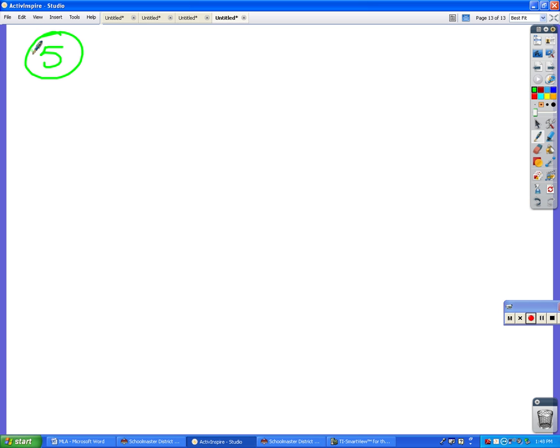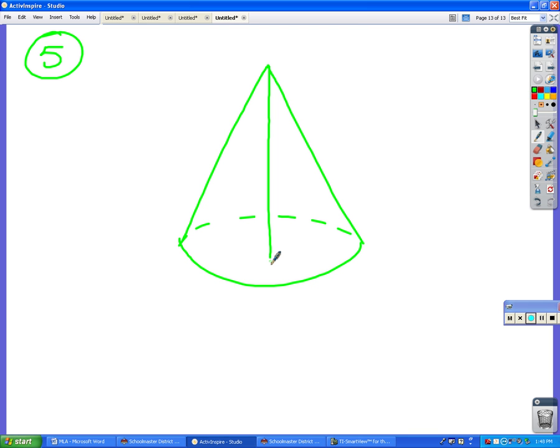Let's take a look at number 5. We have a right cone. It's got a height of 4 and a base of 3, and it's dilated by a scale factor of 1/2. That means all the dimensions are cut in half.